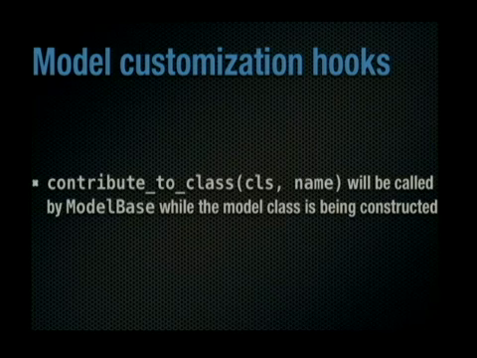Like anytime you add a DateField, you automatically get get_next_by and get_previous_by methods for that date. Those methods get automatically put onto your model by the contribute_to_class of DateField, which is called by the metaclass. So that's a useful thing to do if you want to write something that you're going to stick in a model. You can use contribute_to_class and basically rewrite parts of that model as it's being constructed.